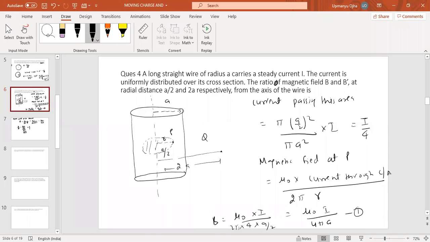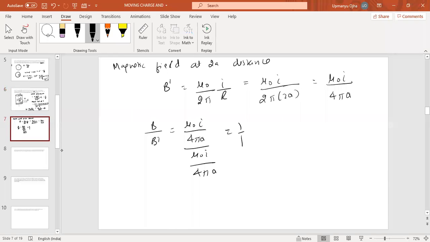So that will come as mu naught I by 4 pi A. That is B, the magnetic field at this point, and the magnetic field at the other point is B dash. So the ratio will come as 1:1. I hope you all understood this problem. Yes or no? Any doubt? You can ask.